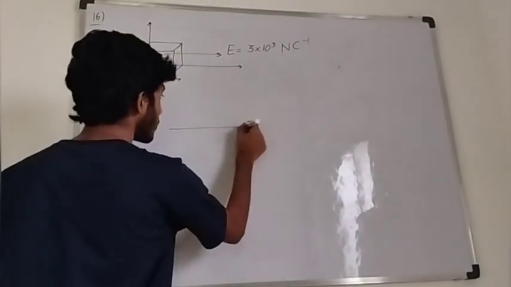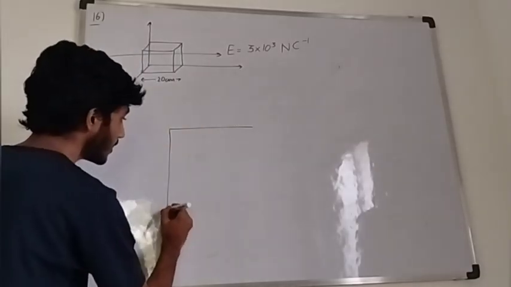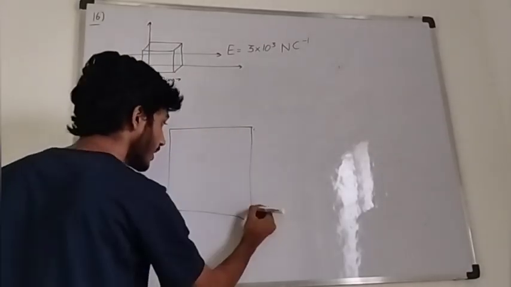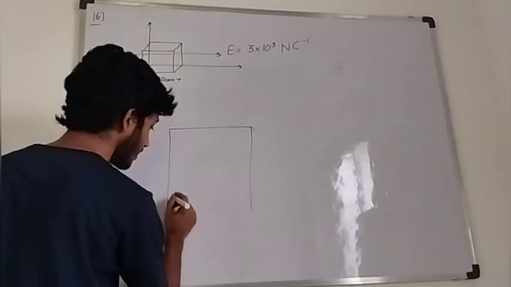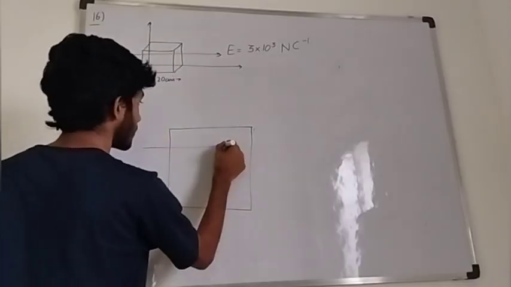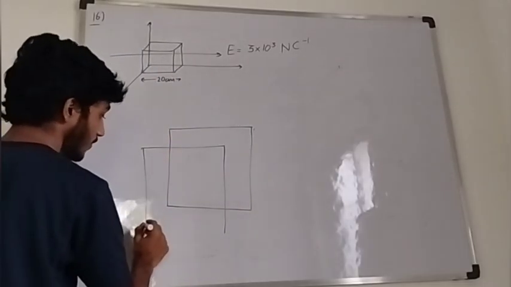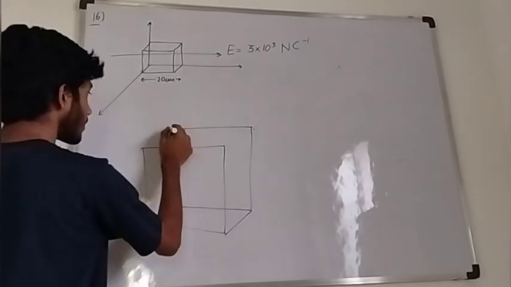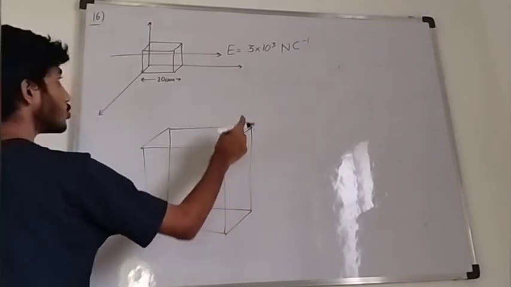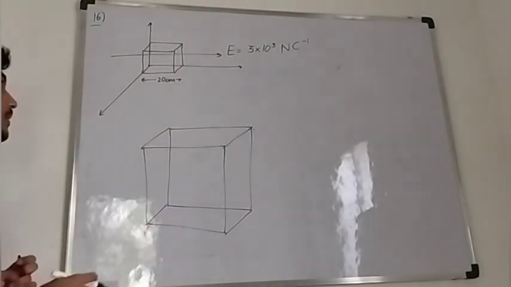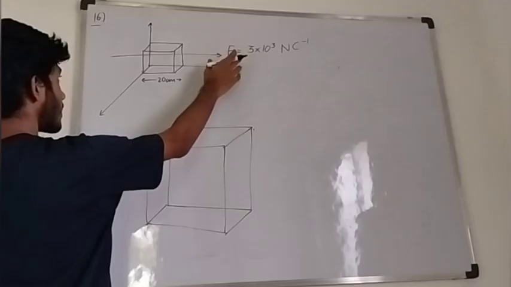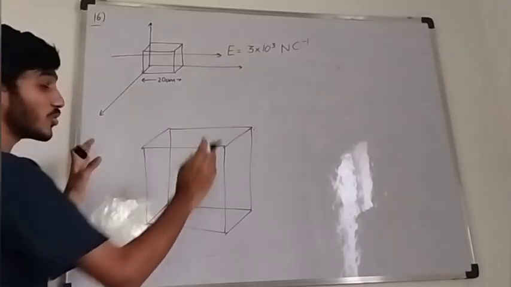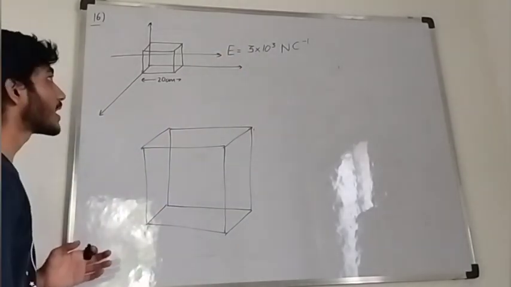I will show you a cube here, and let me demonstrate what it is trying to say. Right here there is a cube, and when it says parallel to the coordinate system, it means it should be parallel to the electric field. So the electric field is going this way, and this is the main coordinate system we will take right now.